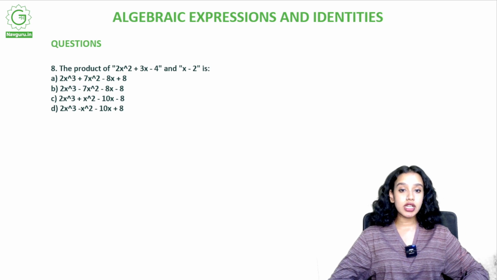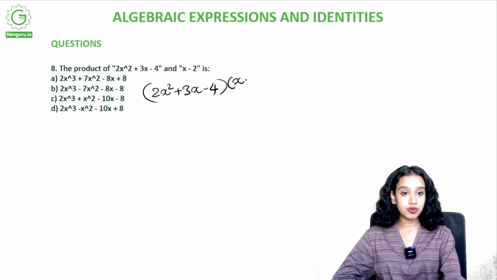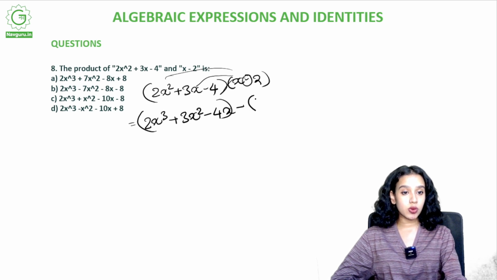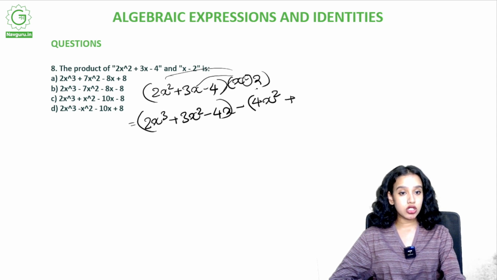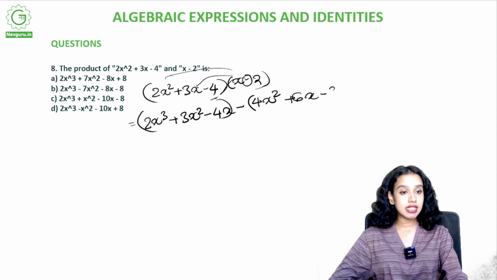Now, the product of 2x square plus 3x minus 4 and x minus 2 is. So we have 2x square plus 3x minus 4 into x minus 2. We'll take each of the terms and multiply with each of the terms. We'll have 2x cube plus 3x square minus 4x when we multiply x with every one of the terms, and then I'm taking the negative outside and we have 2 into 2x square is 4x square, plus 2 into 3x is 6x, and 2 into minus 4 is minus 8.